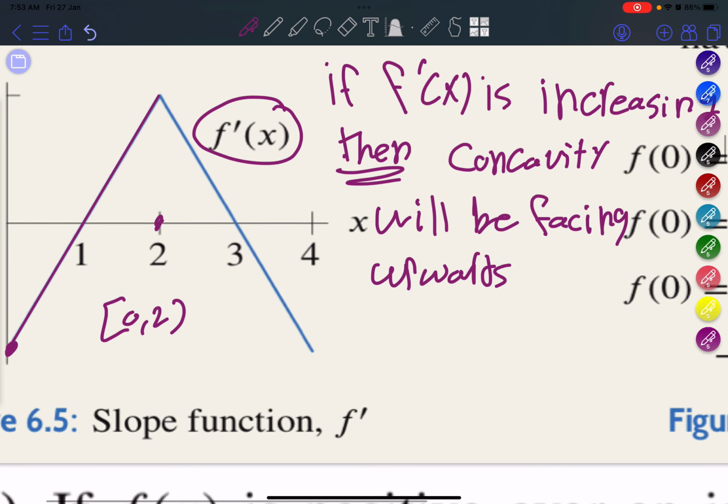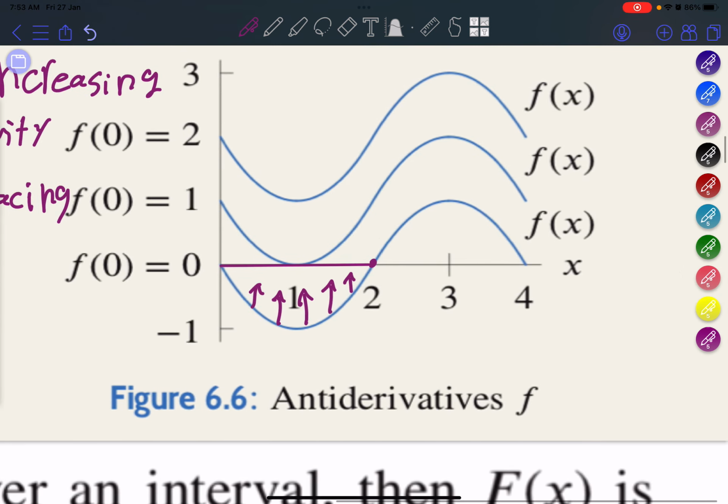And at point 2, and it has a name, don't worry, we'll discuss it. After point 2, we'll see that the function is decreasing. So from 2 to 4, it's decreasing, hence concavity is down.